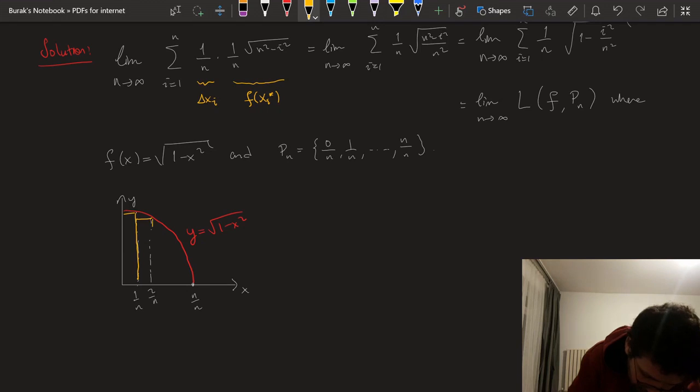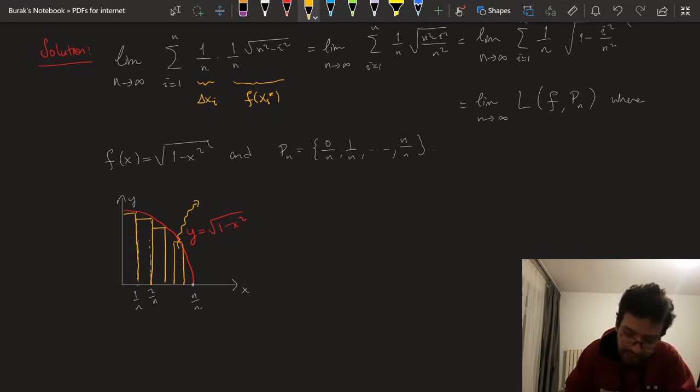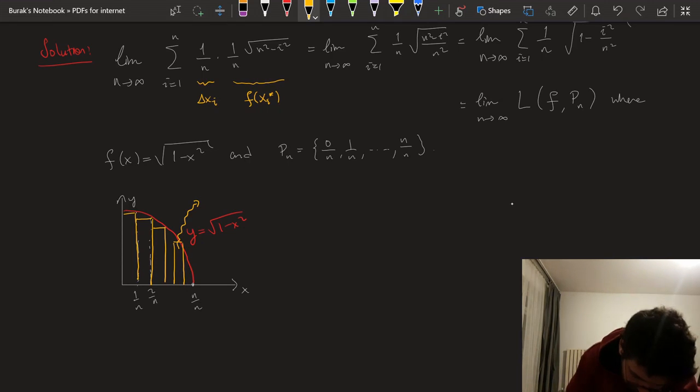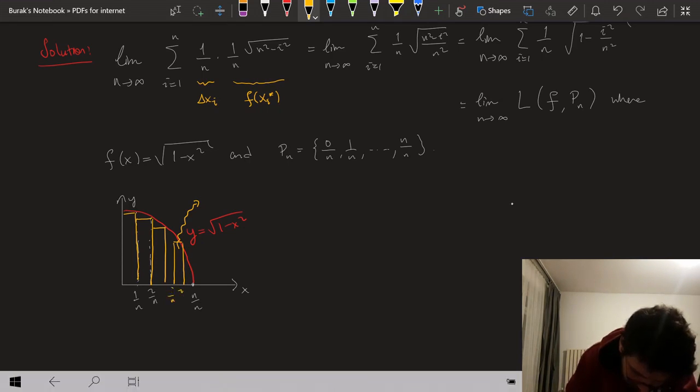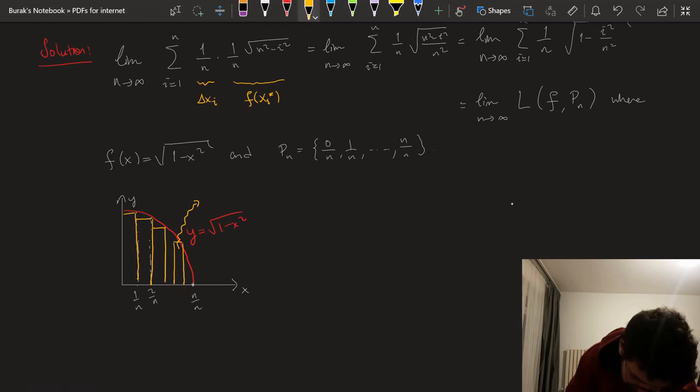So these will be your rectangles. If you compute the area of this ith rectangle, pretend that this is i over n, a right-hand point.